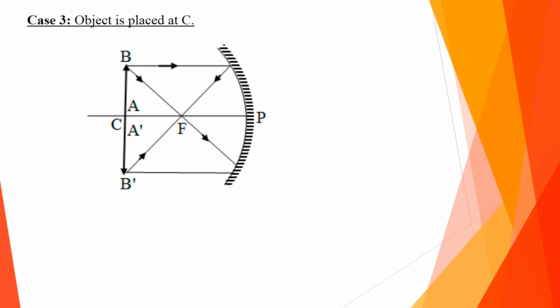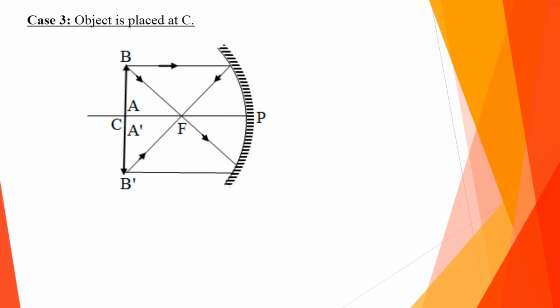Here we use two rules, that is the ray of light parallel to the principal axis, after reflection it passes through the focus, and whenever the ray of light passes through the focus, it is parallel to the principal axis. So the image is formed at C, that is center of curvature.